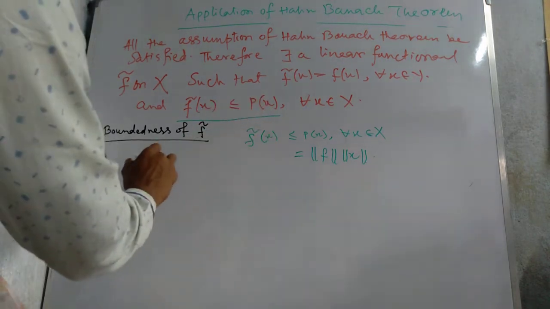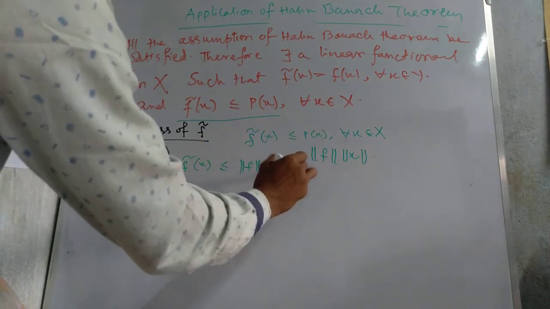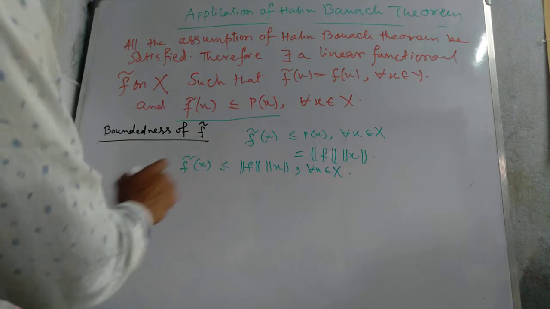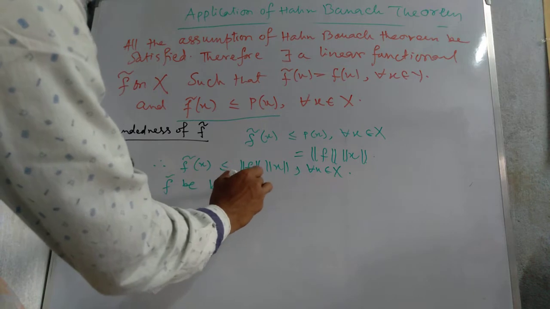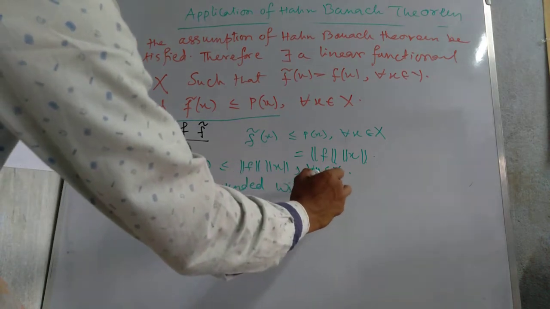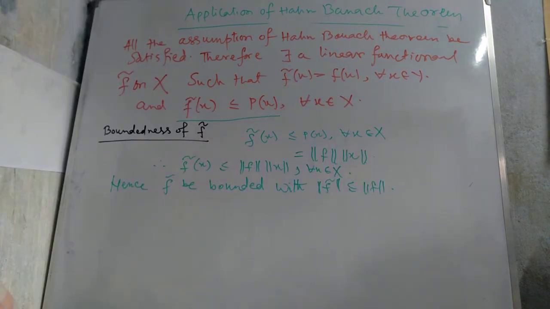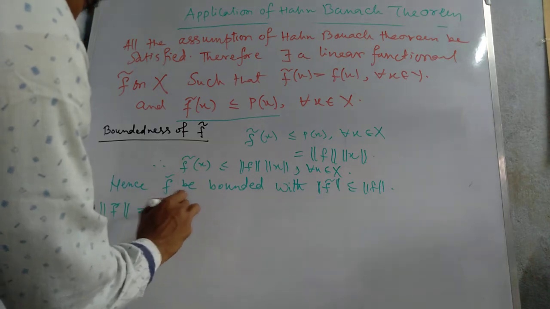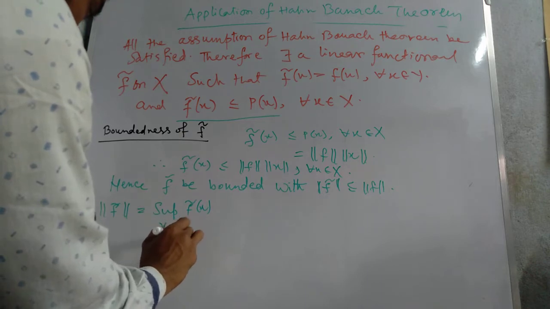Next, this gives, for all x belonging to X, that f tilde is bounded with norm of f tilde less than or equal to norm of f. Next, another way: we know that norm of f tilde equals the supremum of mod f tilde(x), x belonging to X and norm of x equal to 1.